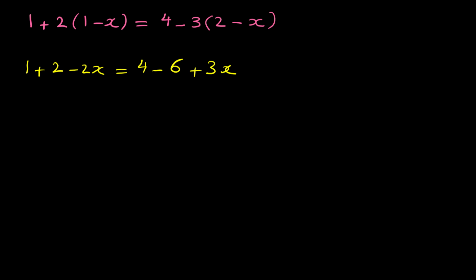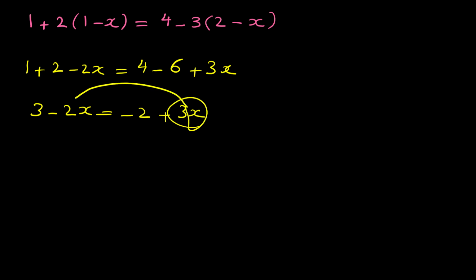So 1 plus 2 is 3. So in the left side we have 3 minus 2x. In the right side, 4 minus 6 is negative 2, plus 3x. So remember the technique: variables on one side, numbers on the other side. So we move this to the left, and we already have this here.